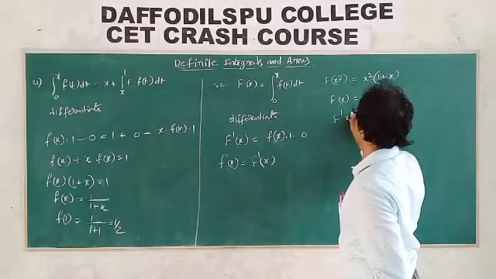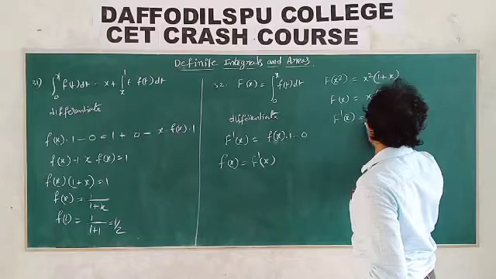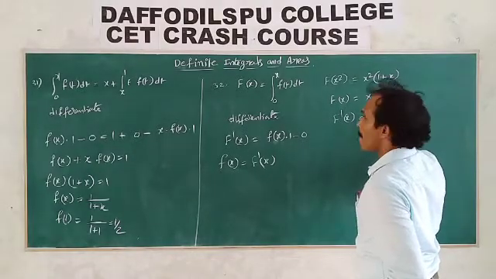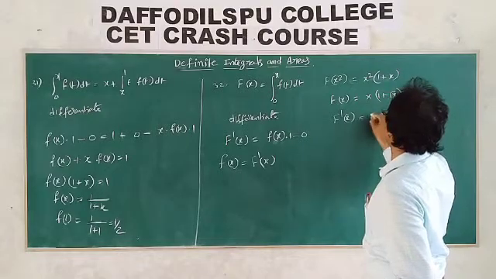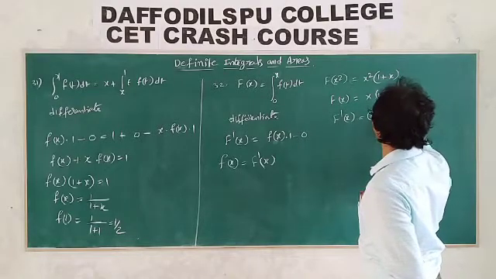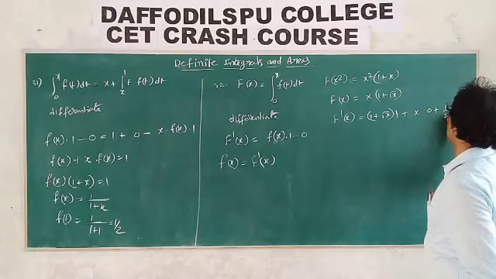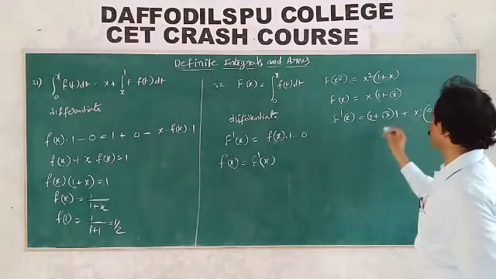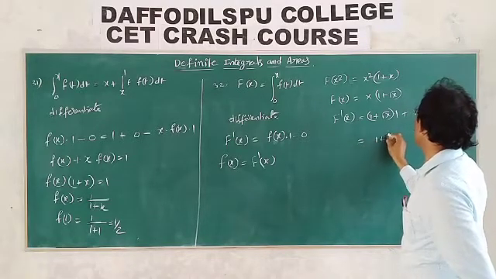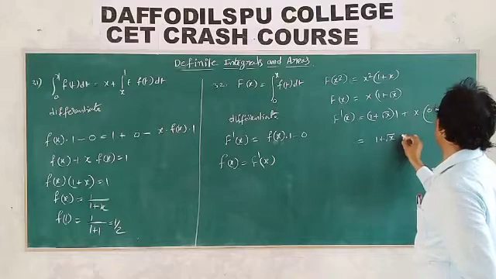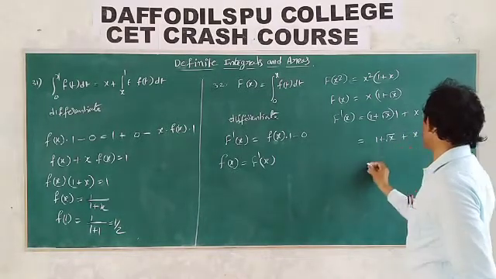Its differentiation, f dash x, by the uv formula is 1 plus root x into 1 plus x into 0 plus 1 by 2 root x. This is equal to 1 plus root x plus x by 2 root x.